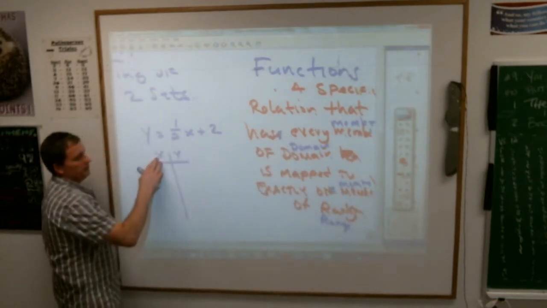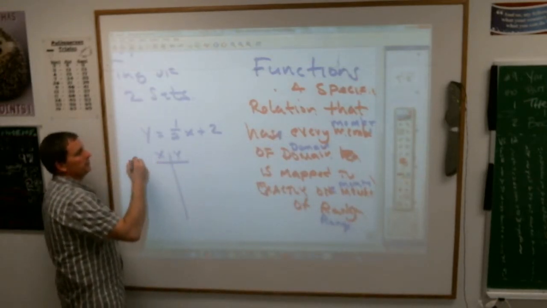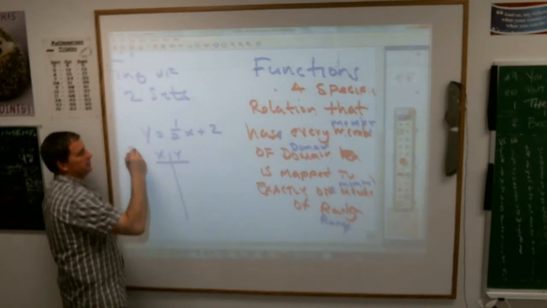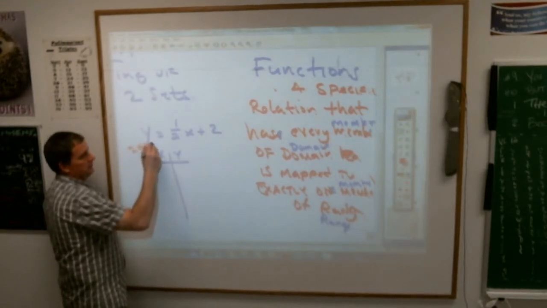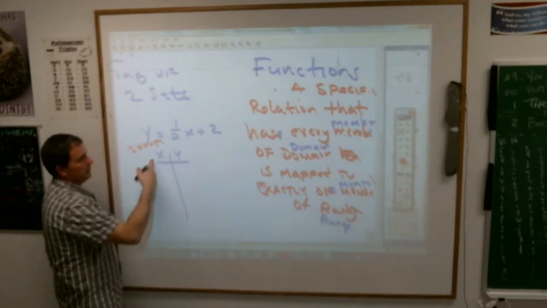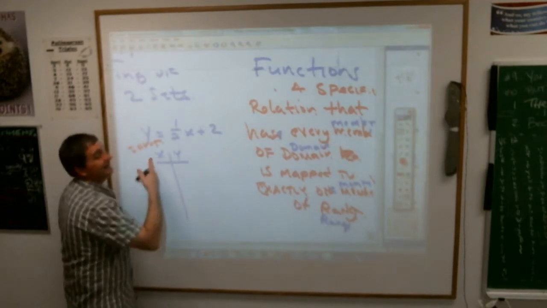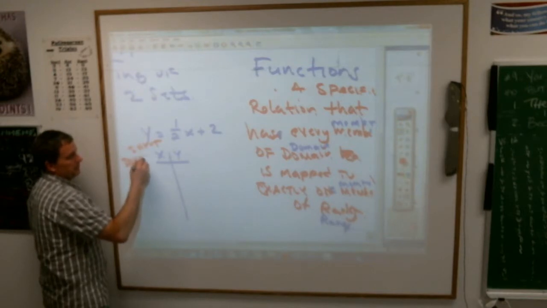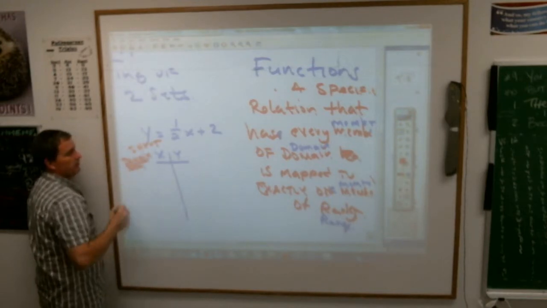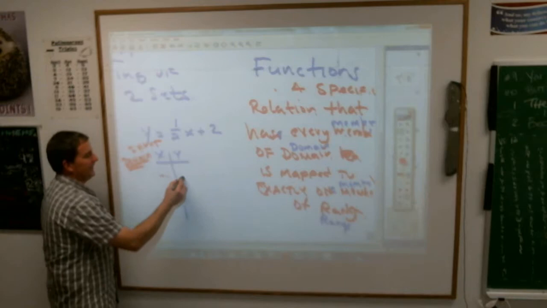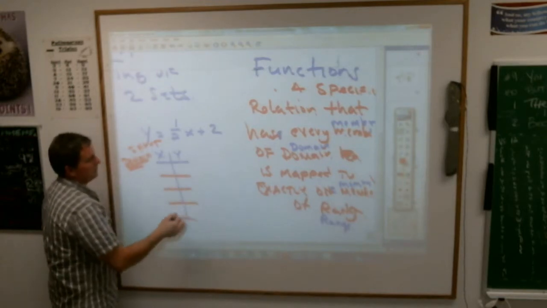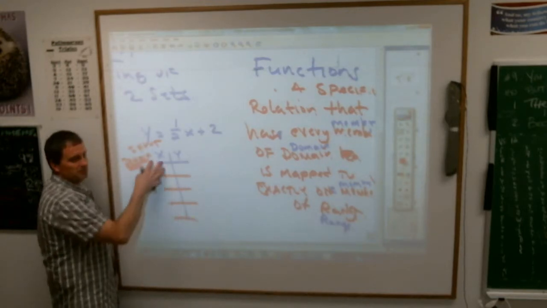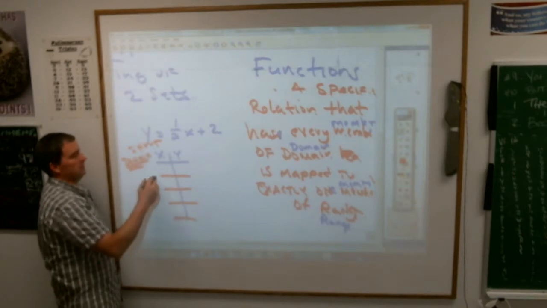The x values are what we call the input numbers, and they are also called the domain numbers. When you're making your table, these are the numbers you put in. You get to pick these. Remember we picked them before?